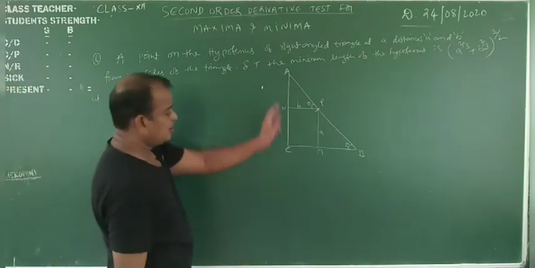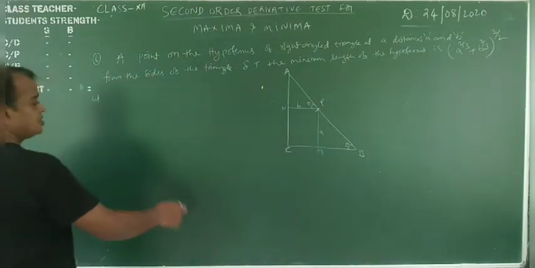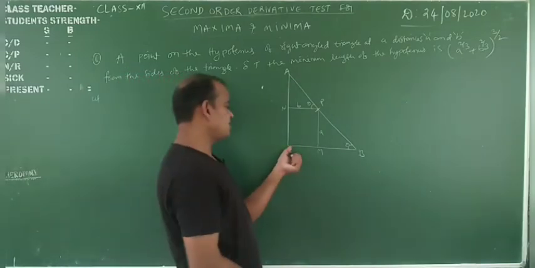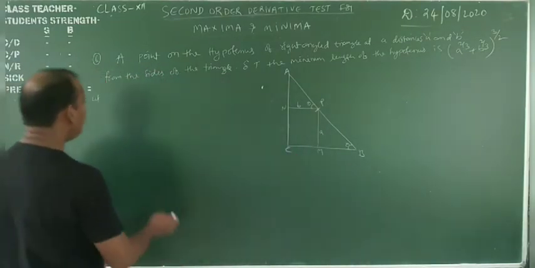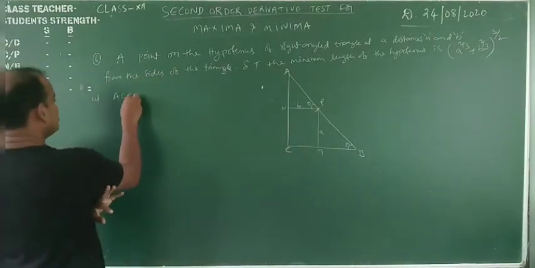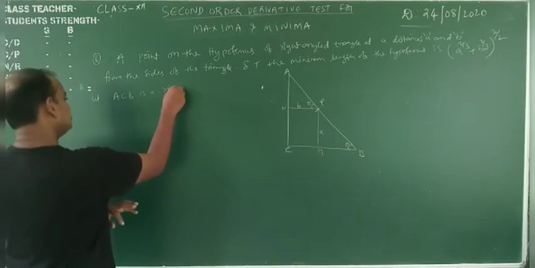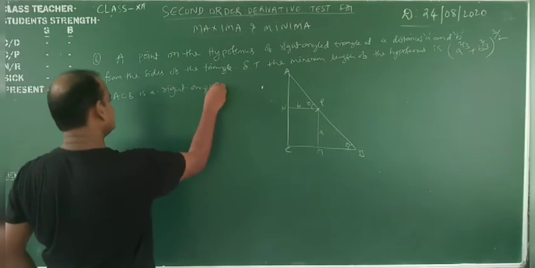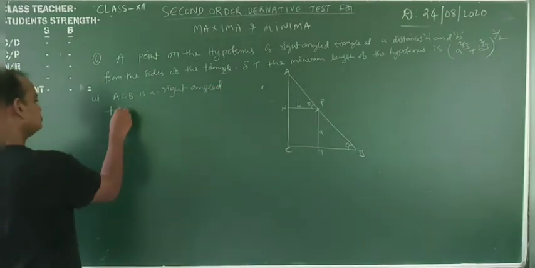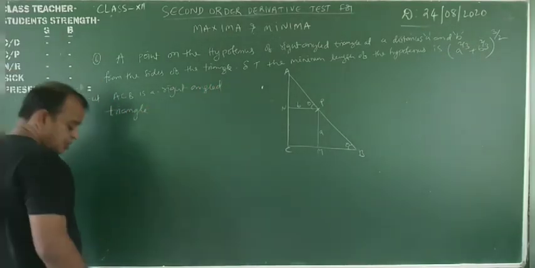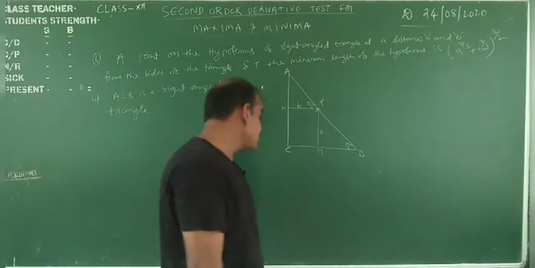Let ACB be a right angle triangle, not ABC. The 90 degree angle is at C, that is ACB. Okay, my dear students.